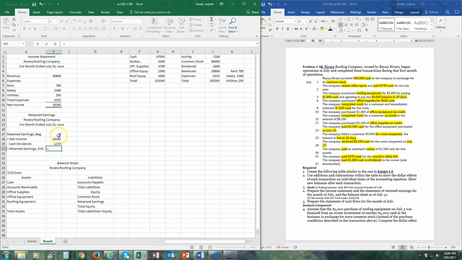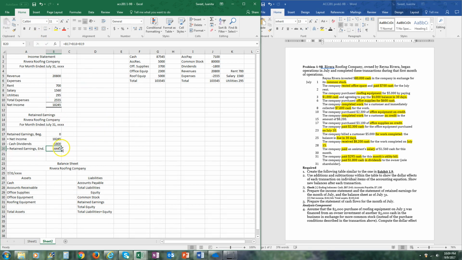And our new retained earnings would be beginning plus net income and then minus the dividends. So we ended the year with $16,445. That number will come down here as our retained earnings.